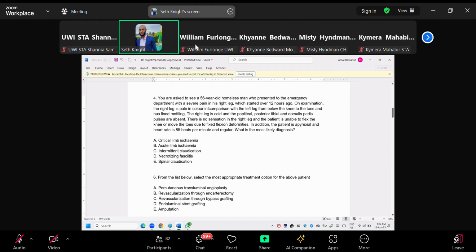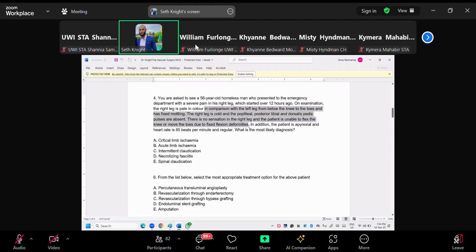The right leg is pale in color in comparison with the left leg, and he has fixed mottling. His leg is cold, so it's perishingly cold, and he has absent pulses. So he has pain, pallor, perishingly cold with pulselessness. And they also tell you he has no sensation and is unable to flex the muscles.